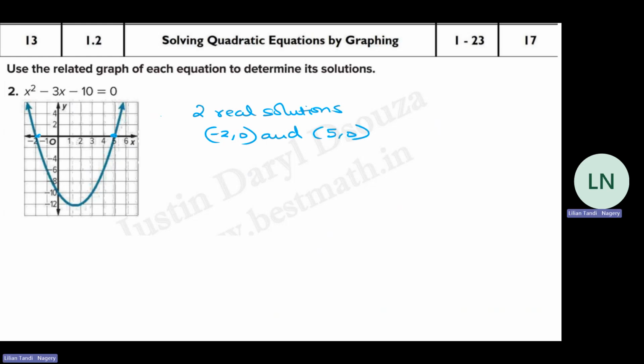Because that's where your graph is touching the x-axis. Sometimes the book will just write it as negative 2 and 5. So you need to see both of these are answers to your question. It can be written that way or that way.